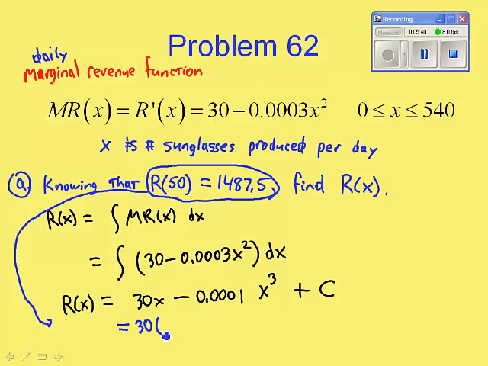So I get 30 times 50 minus 0.0001 times 50 cubed plus c. What's that all supposed to equal? 1487.5. Right? And this is just an algebra equation with one unknown, the c. So you ought to be able to solve it for c.